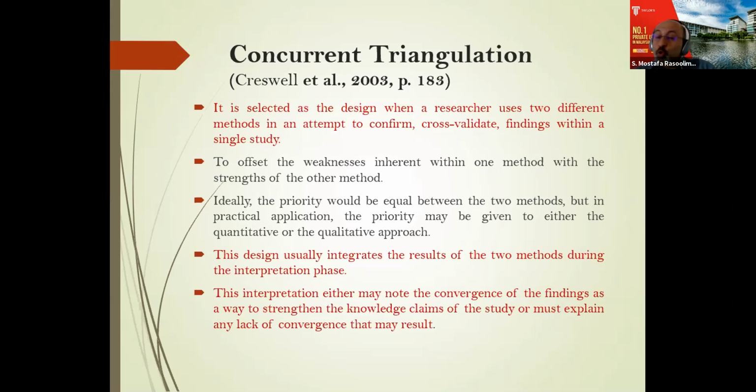But also we want to confirm the result of quantitative and the relationships based on a qualitative study. So this is confirmation, right? So this is corroboration. So different purposes of research can fit this type of design.